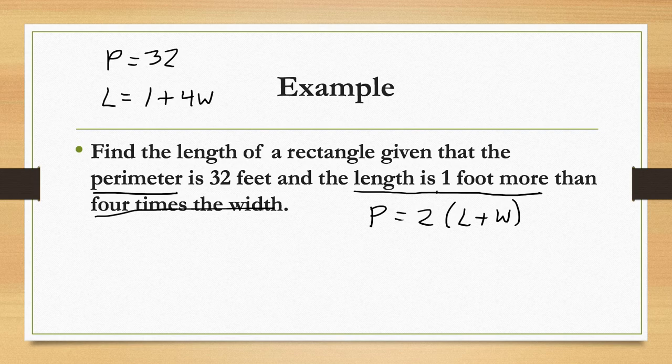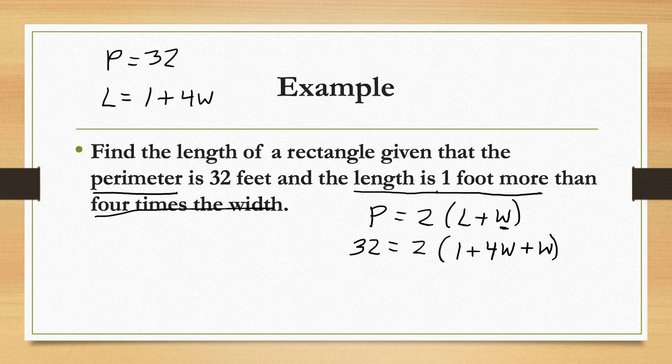In place of the P, I'm going to put the 32. In place of the L, I'm going to put 1 plus 4W. And for this W, I'm going to leave it in the equation because the problem is asking us to find the length, but we're going to need to do that in terms of the width.